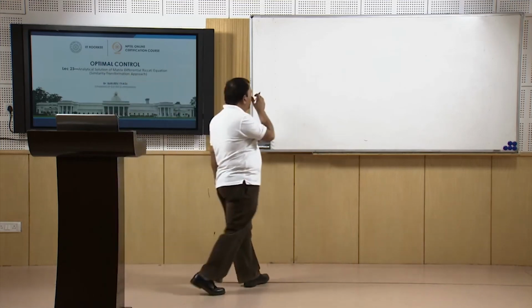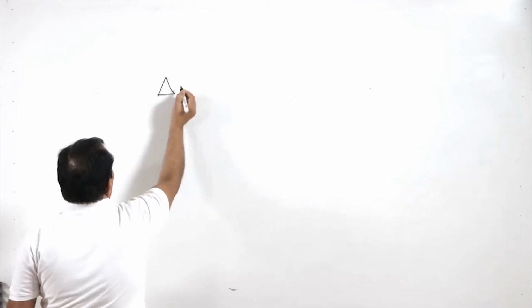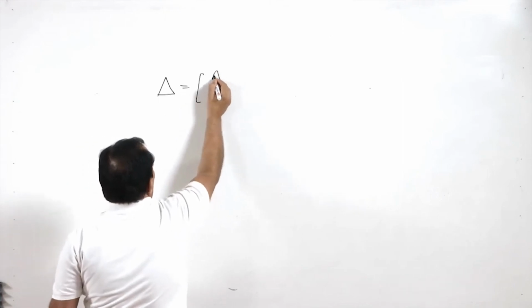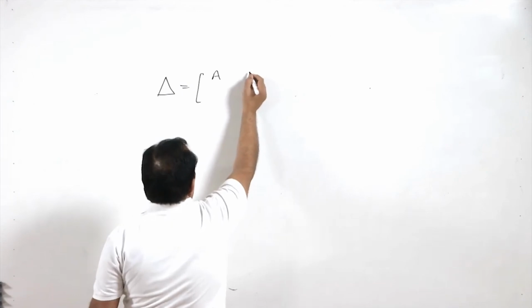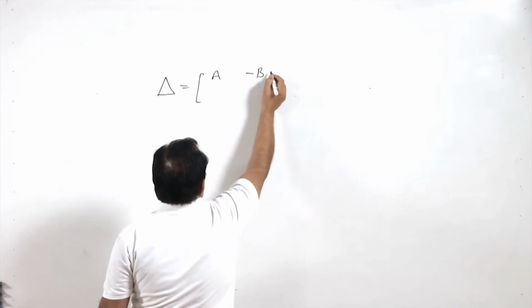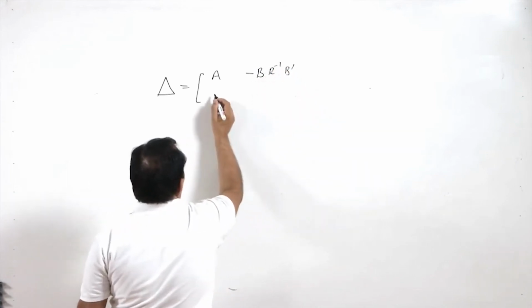So, we are defining our Hamiltonian matrix as [A, E; −Q, −A transpose], where either I can write E or I write B R inverse B prime.